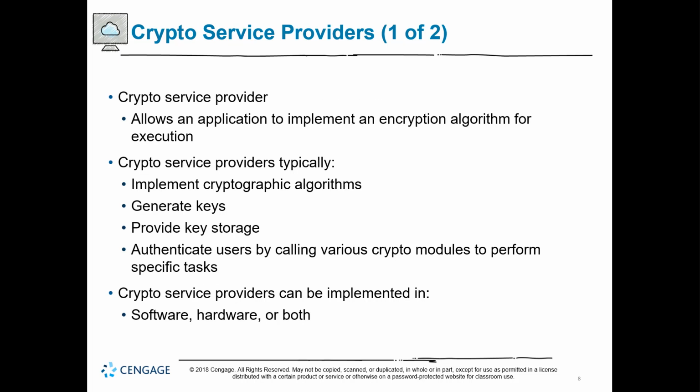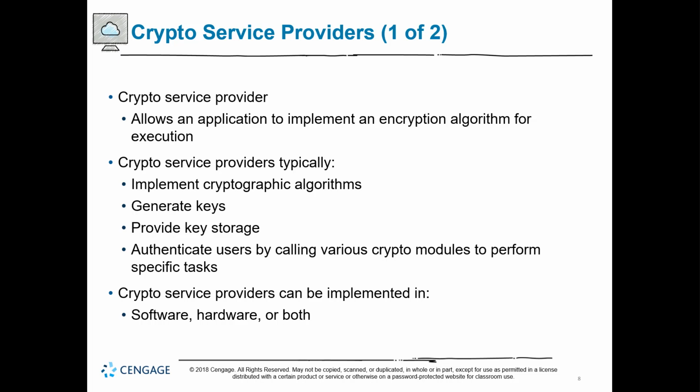So let's look at some of these crypto service providers. A crypto service provider allows an application to implement an encryption algorithm for execution. These are the service providers for those algorithms. Crypto services basically provide implementation of the algorithm.